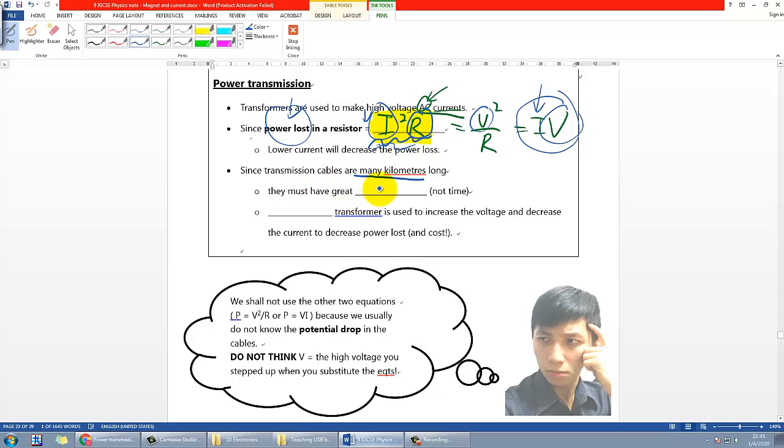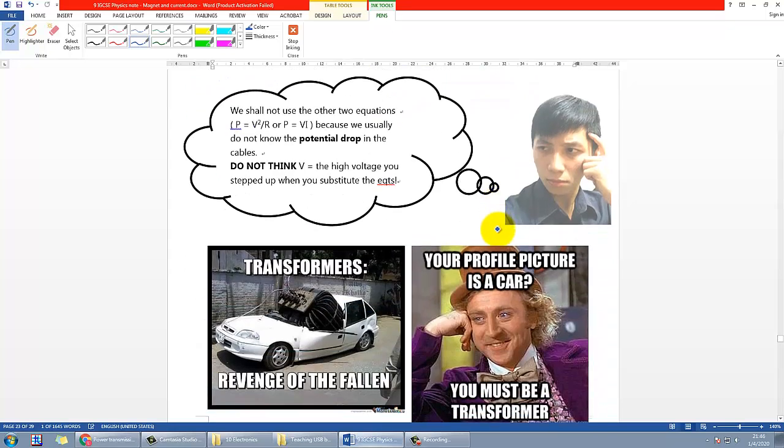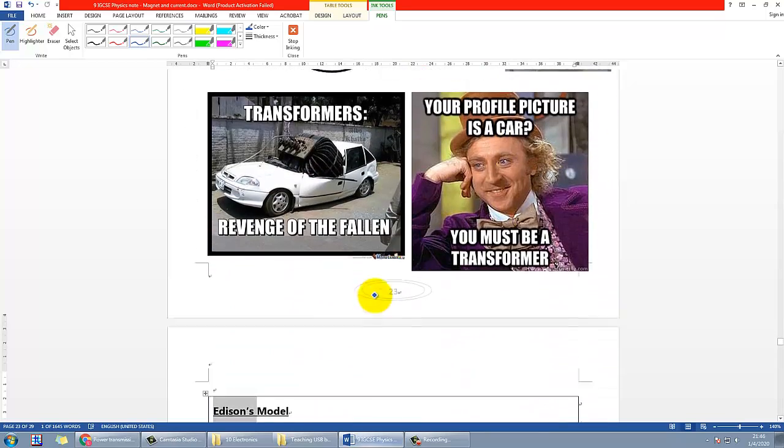They must have great resistance, and therefore we need the step up transformer like what we explained here to increase the voltage and decrease the current, so that we decrease the power loss in that case. And of course, on the other side, in your household, you will have the step-down transformer to make the voltage usable back to 220. Okay, so that is all for these two pages, 22 and 23.